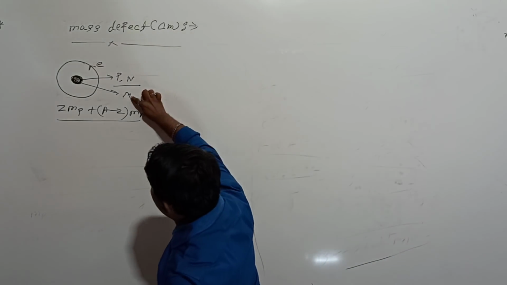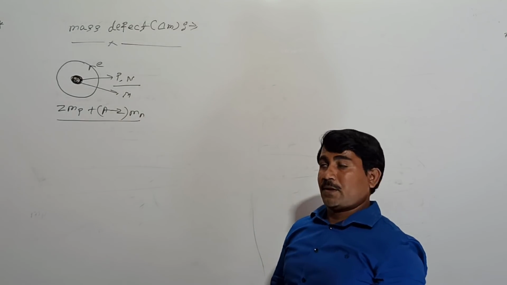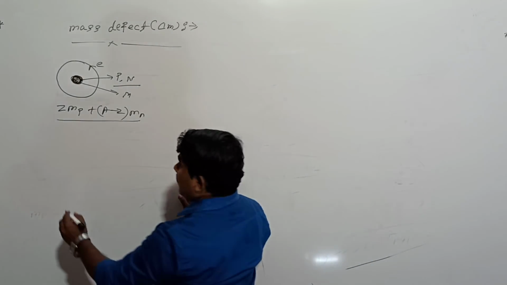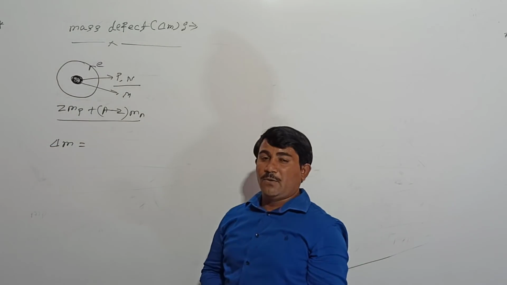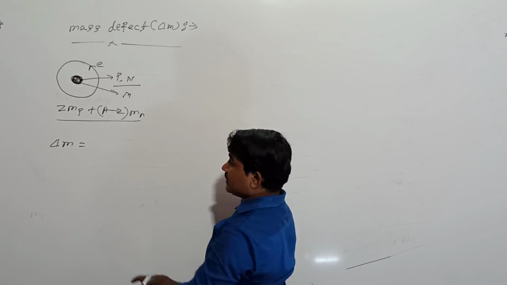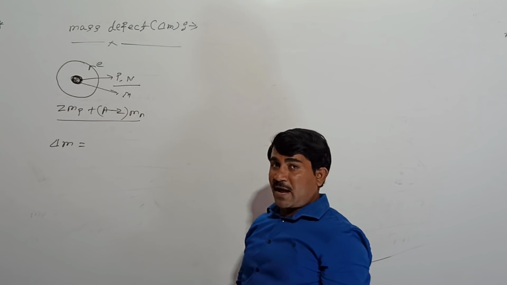This actual mass is always less than the nucleons' mass. The mass defect is represented by delta M. What is the mass defect? The difference in masses of nucleons and the actual mass of the nucleus, that we call mass defect.